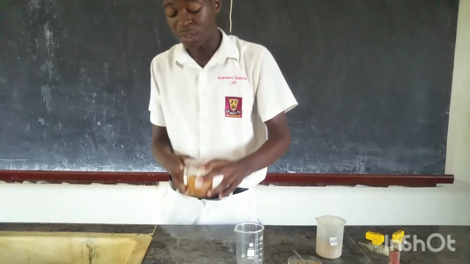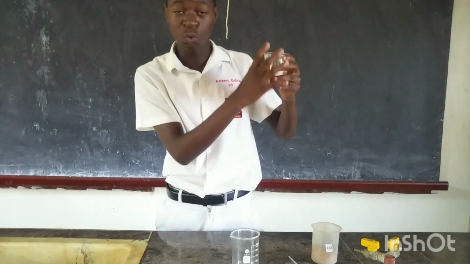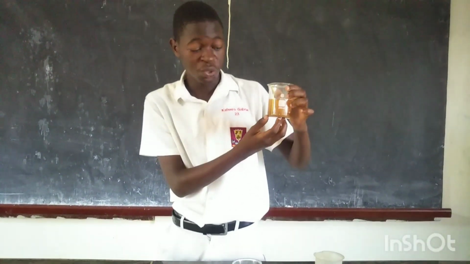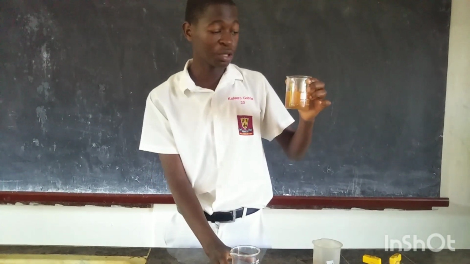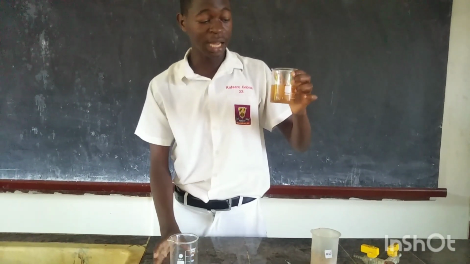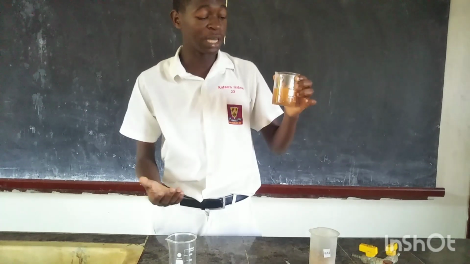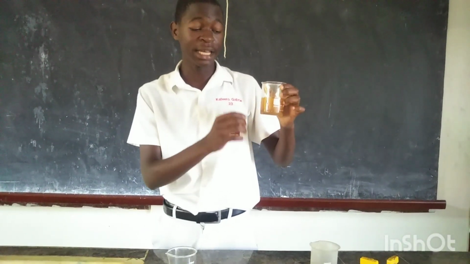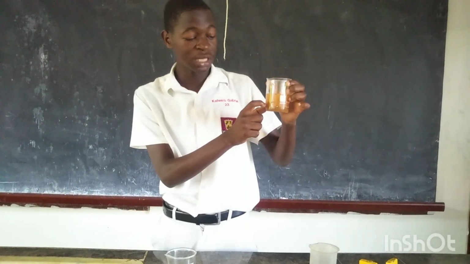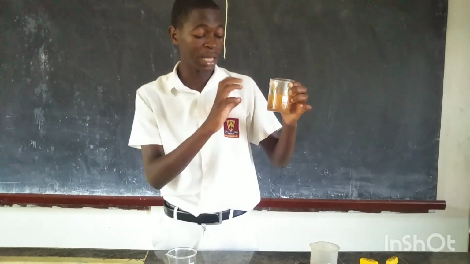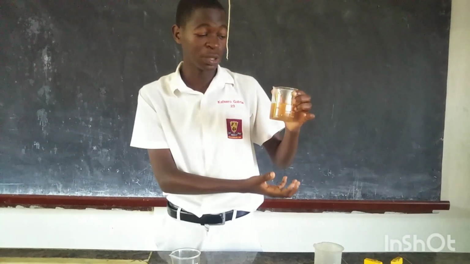But we need to observe what has happened to our sand and what has happened to our water. As I've told you, don't focus much on the color of the water for the interest of time, because it may take 2 or 3 hours for this brown water to change back into the colorless water it was.